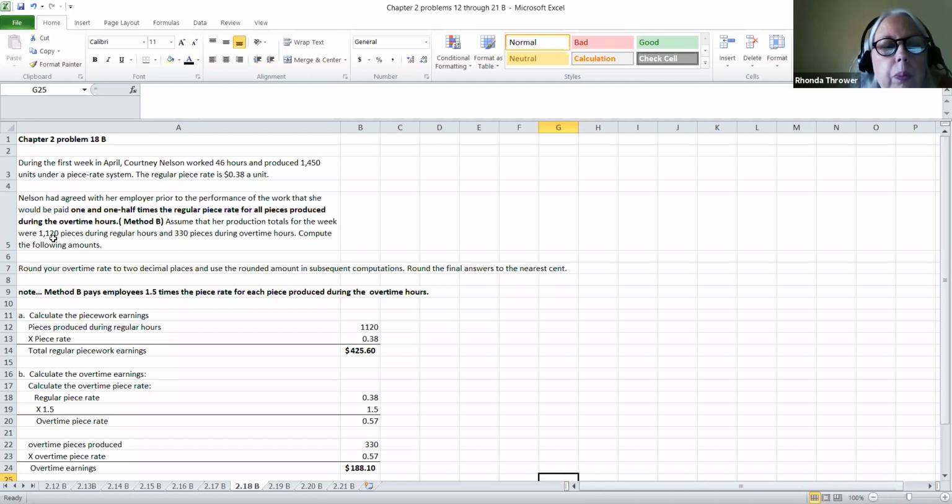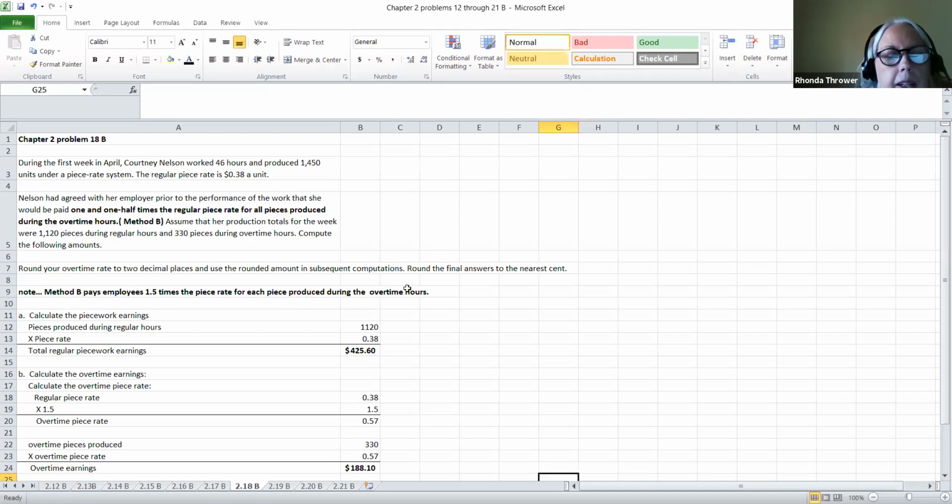So she's going to be paid at 38 cents for 1,120 pieces. That would be her regular rate, her regular earnings. And then there are 330 pieces that are during overtime that we're going to take and multiply 1.5 times the regular piece rate and then times it by the 330 pieces that were produced during overtime, and that's going to give us our overtime amount.